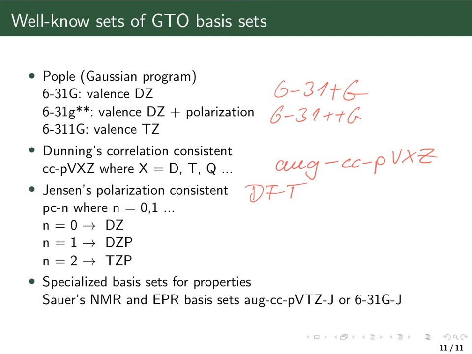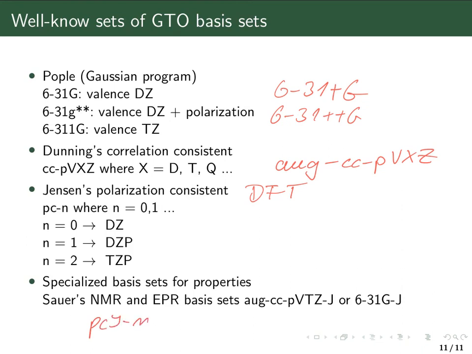So we have developed modifications of Dunning's basis sets, which are made for NMR and EPR calculation of coupling constants, and we call them aug-cc-pVTZ-J for NMR spin-spin coupling constants, and sometime later we also made a similar modification of Pople's basis sets, including J. In the meantime, Frank Jensen has also taken up the same idea and made some modifications of his basis sets, which are then called pcJ-n.